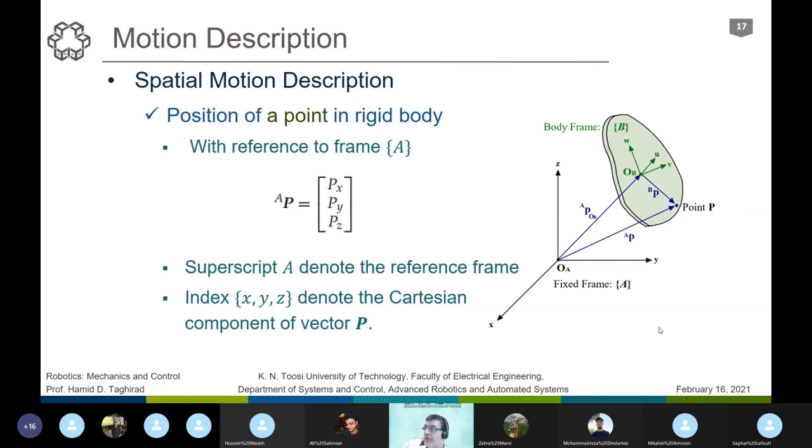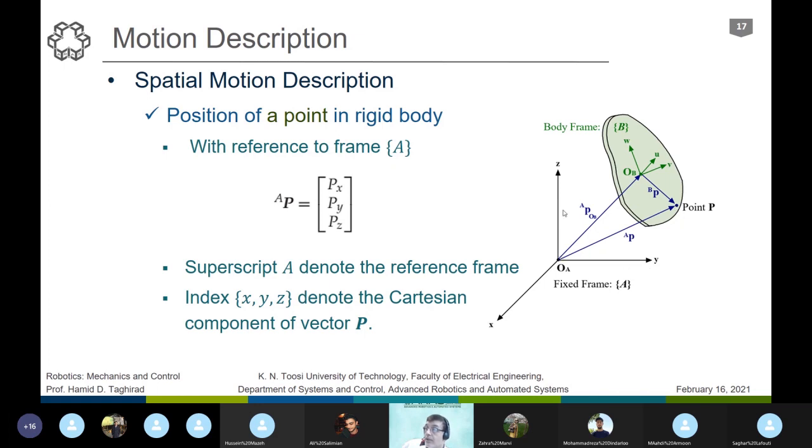You are familiar that we can reflect this into 3 frames. I also use a left superscript here, A, which means that we are considering this point relative to this frame.